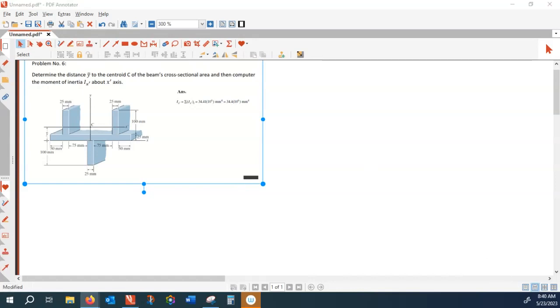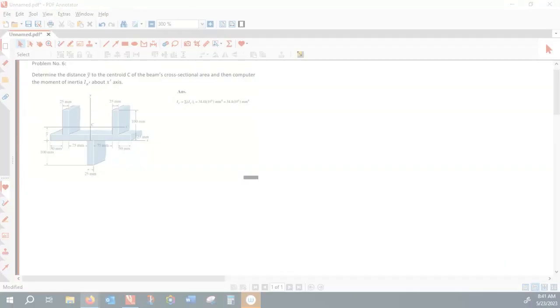With this cross section, how do we find the moment of inertia? The first step is to consider a reference plane. It could be anywhere, but let me take my reference plane as shown here.